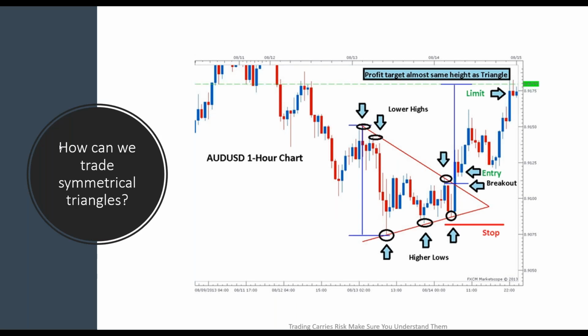But we can't make a trade. So here we would set our stop loss. Okay. Here's our breakout candle. Here is our entry point. And we need a confirmation. Okay.